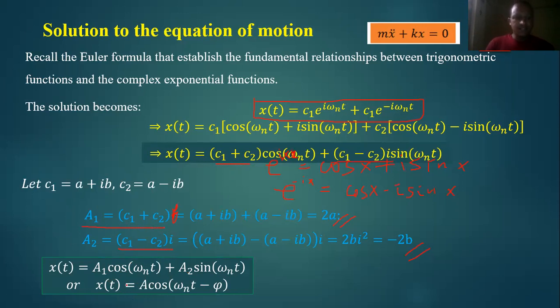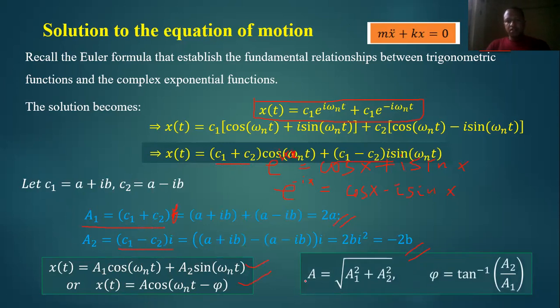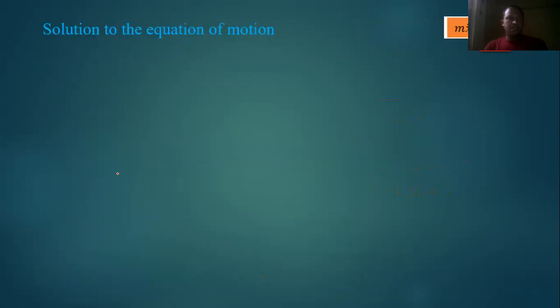So finally, this is the equation of motion, and we have various forms of representation of the equation of motion. When we represent the equation in terms of cos or sine only, we can represent it with maximum amplitude, which is the square root of A1 squared plus A2 squared. And the phase phi is equal to minus arctan of A2 over A1. This is the phase.